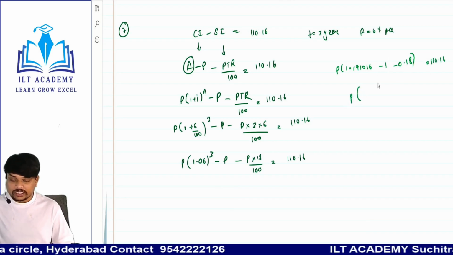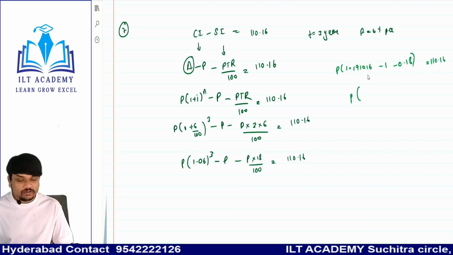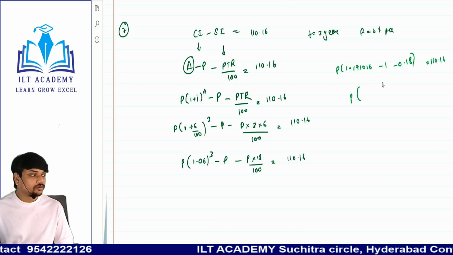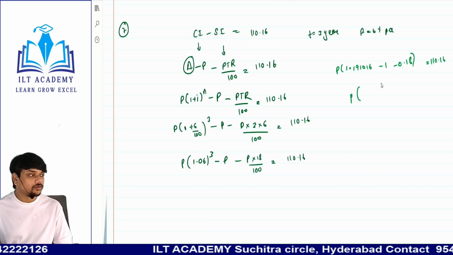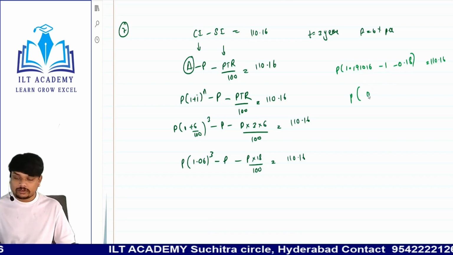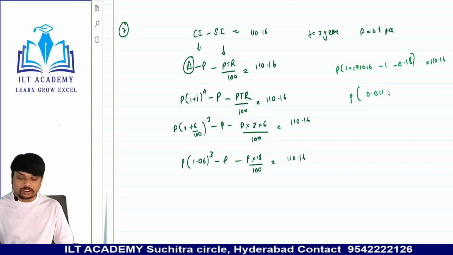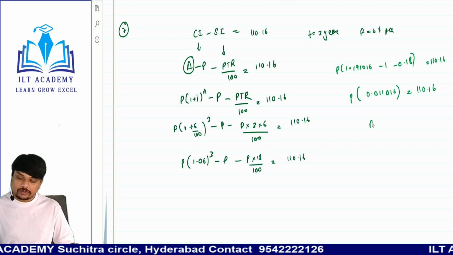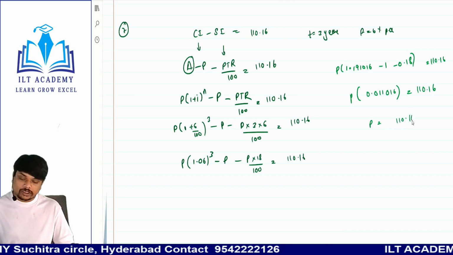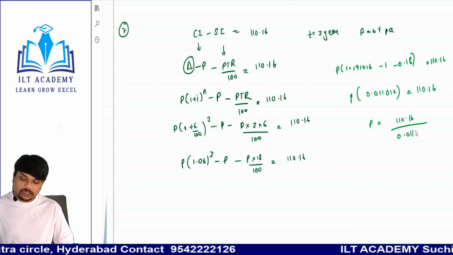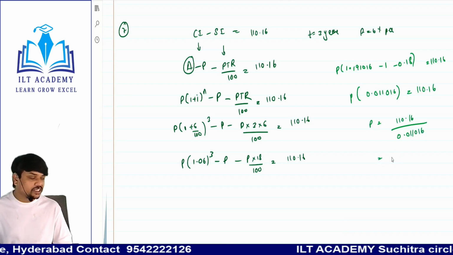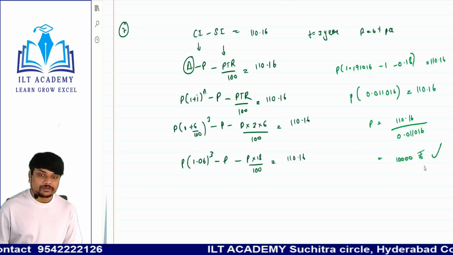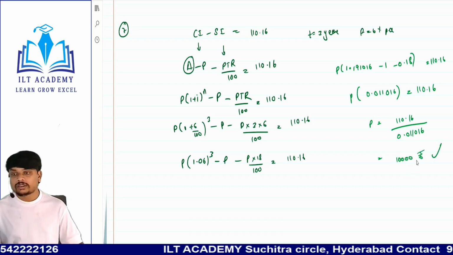So that gives 0.011016 equal to 110.16. Now principal is equal to 110.16 divided by 0.011016. Now 10,000 should come. So 10,000 is the answer. Got it? Please note this down.